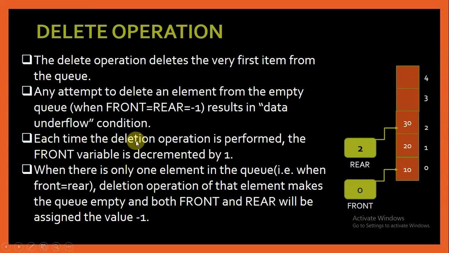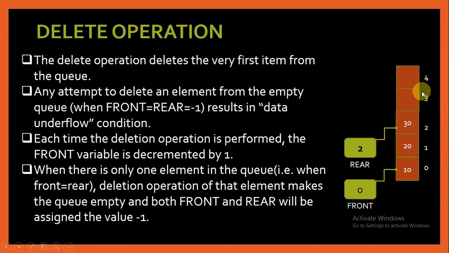Each time the deletion operation is performed, the front variable is incremented by 1. So whenever the deletion operation takes place, front is always incremented by 1. When there is only one element in the queue, that is when front is equal to rear, deletion operation of that element makes the queue empty and both front and rear will be assigned the value -1.